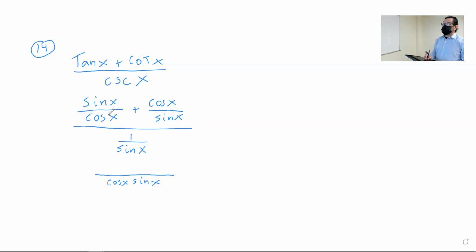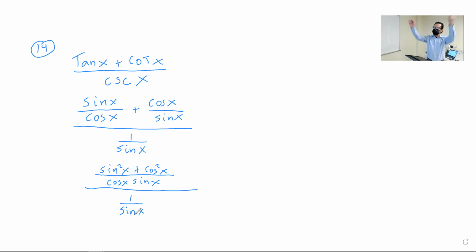Cosine multiplied by sine divided by cosine is sine, multiplied by sine is sine squared. Cosine multiplied by sine divided by sine is cosine, multiplied by cosine is cosine squared. If anybody has a question, let me know.